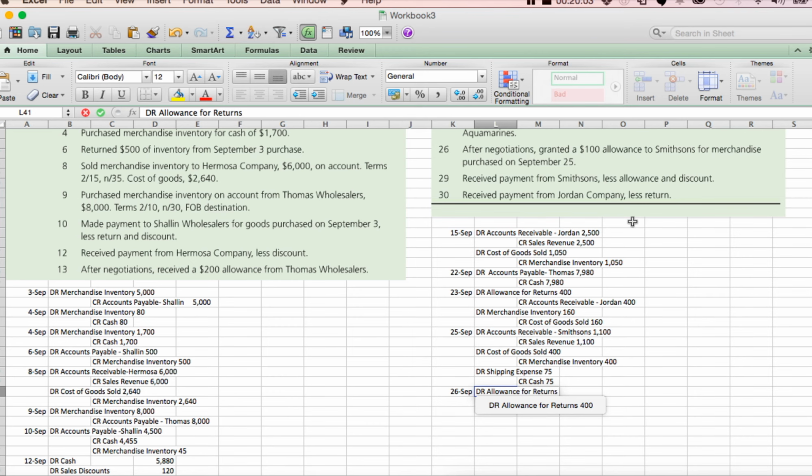Could be called returns and allowance. Any number of things that this account could be titled, but we're going to go ahead and show $100 there.